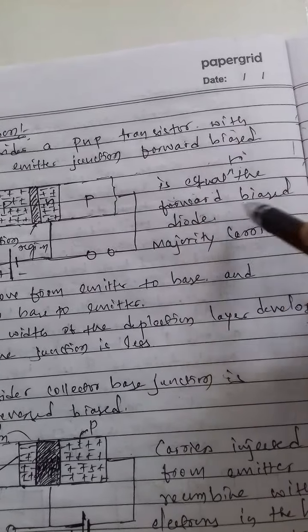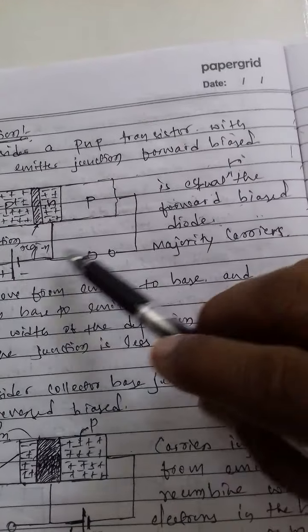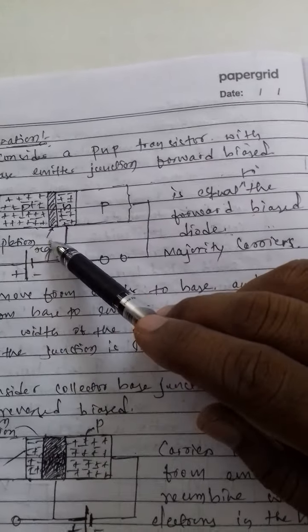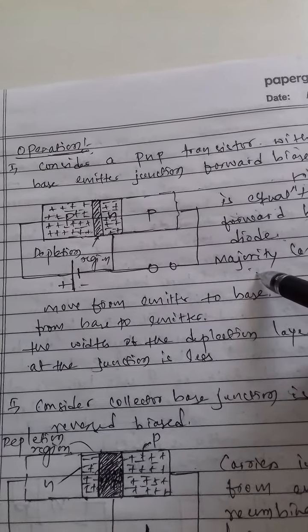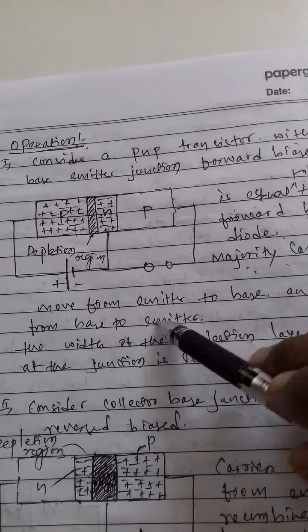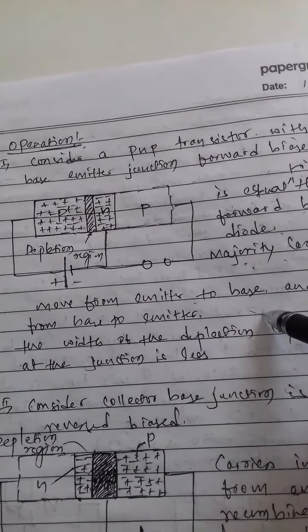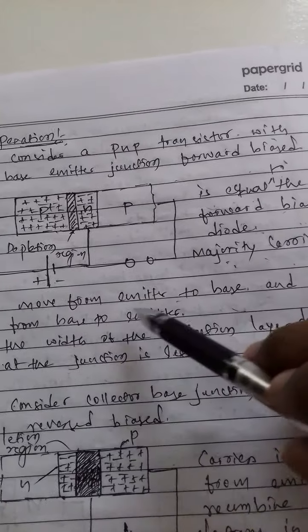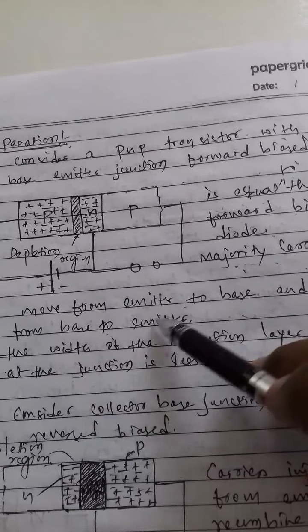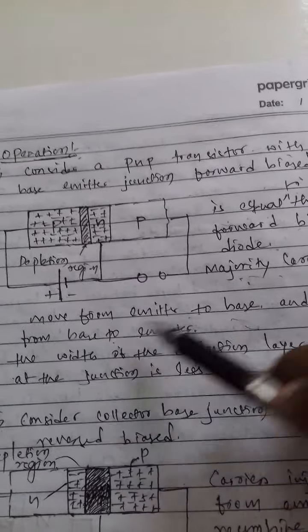If a diode is forward biased, similarly the base emitter junction is forward biased. Then the majority carriers move from emitter to base and from base to emitter.